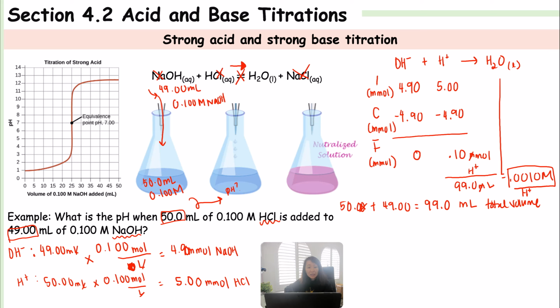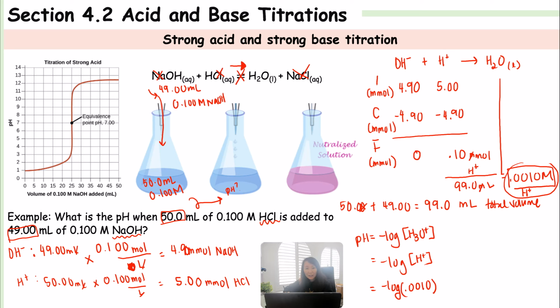Now, what it's asking for is not the concentration of HCl in the end, but rather the pH. So we know that pH is equal to the negative log of hydronium concentration. Hydronium concentration is the same thing as concentration of H plus, and we have that right here. So we're going to plug that in: negative log of 0.0010. Go ahead and punch that into the calculator.